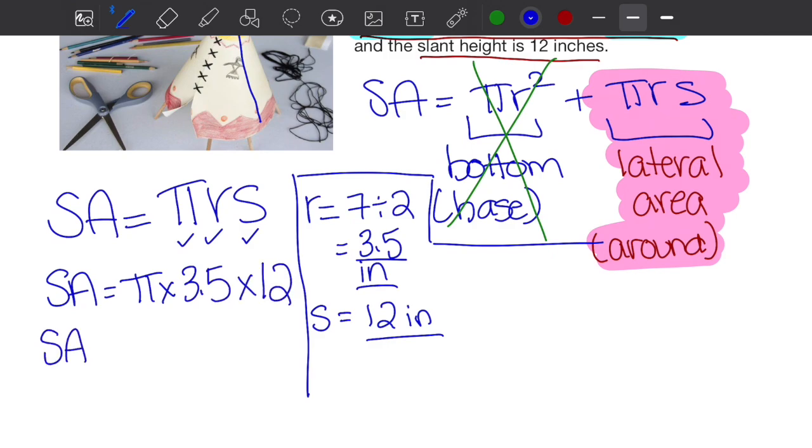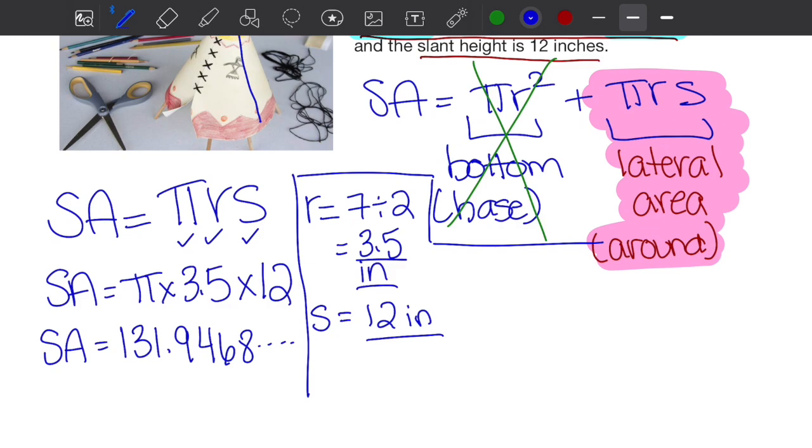And all you have to do now is just input those values into the calculator. Remember to use the pi button and not 3.14. So I'm going to go pi times 3.5 times 12, and the answer that I get is 131.9468, etc. The question in your assignment will tell you how to round, whether it's 1 decimal place or 2 or 3.